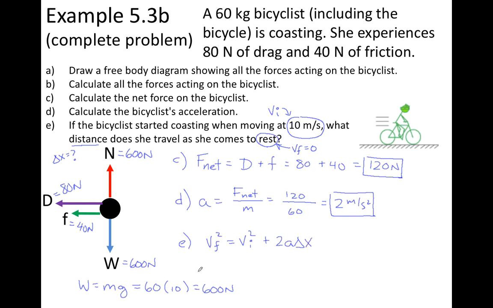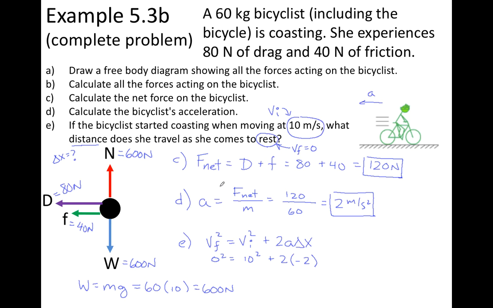Okay, the final velocity is 0. The initial velocity is 10. The acceleration is 2, but we got to be careful. I'm going to put that in as a negative number because the acceleration is going to be backwards, right?